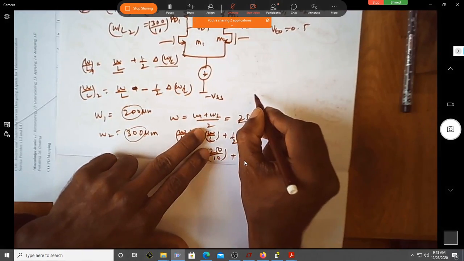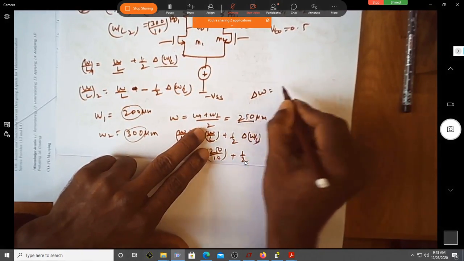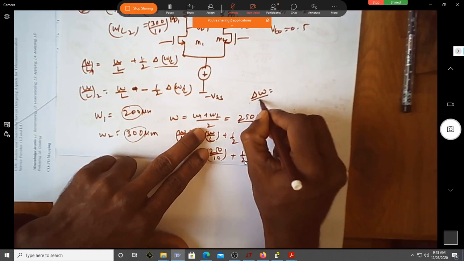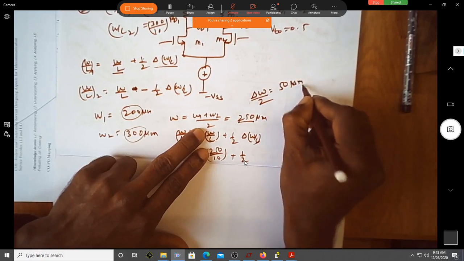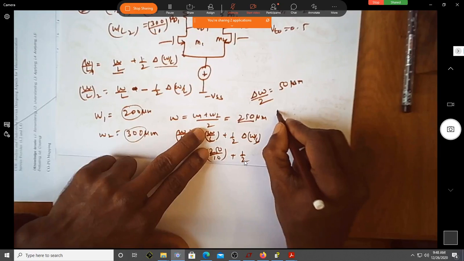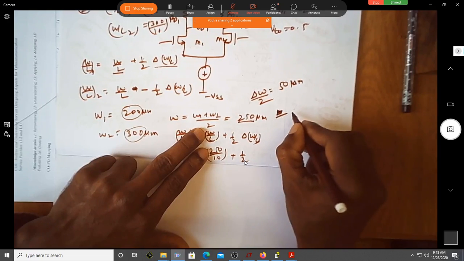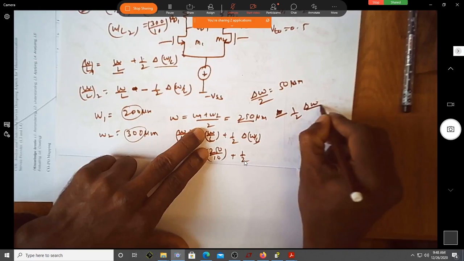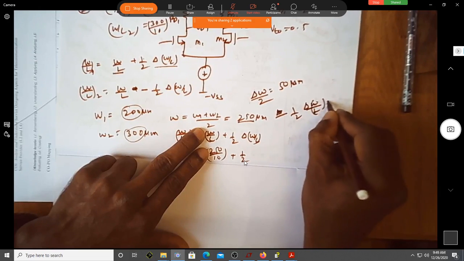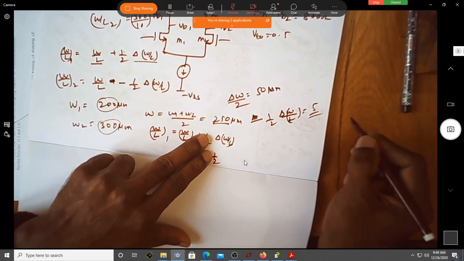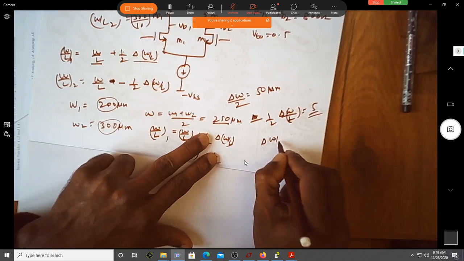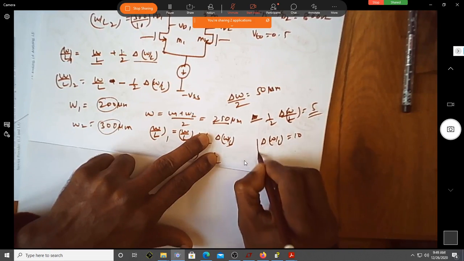Shall I say now delta W by 2 is equal to 50? Correct? Then what is half of delta W by L? Is it not 5? Then what is delta W by L? Is it not 10?